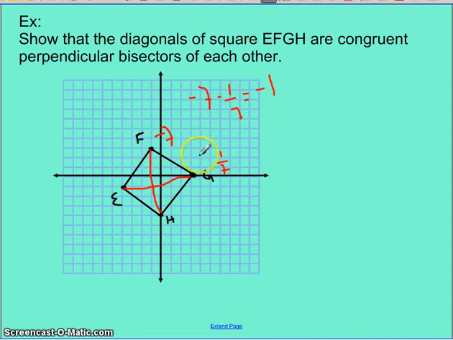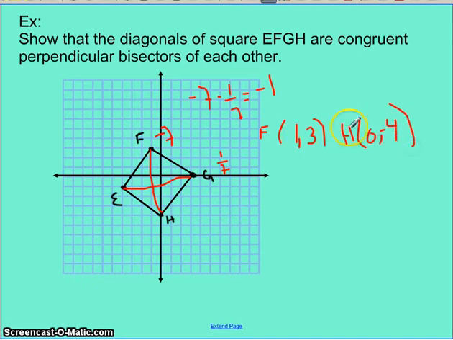Now, I think we're just going to use the midpoint formula real quick. So F has coordinates of 1, 3, and H has coordinates of 0, 1, 2, 3, 4, so 0, -4.